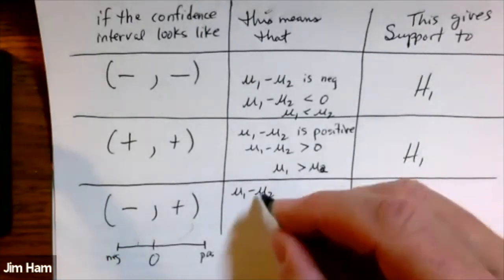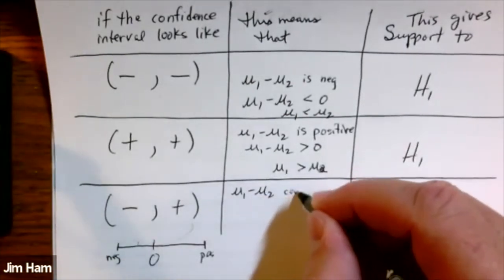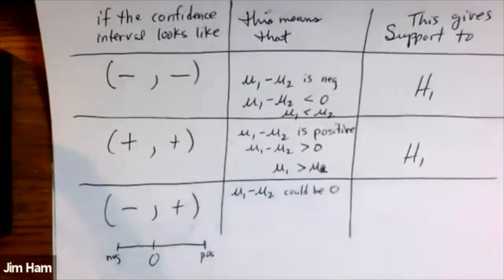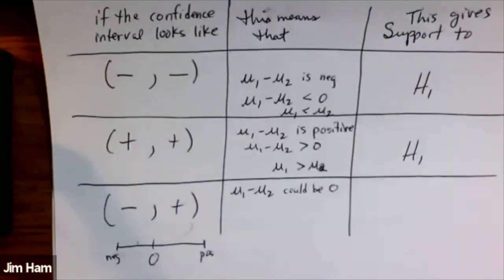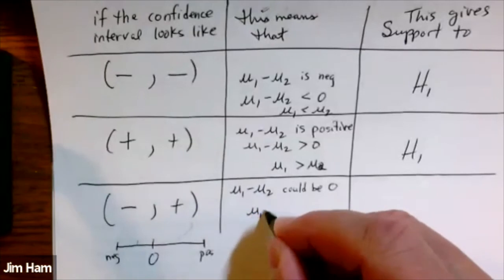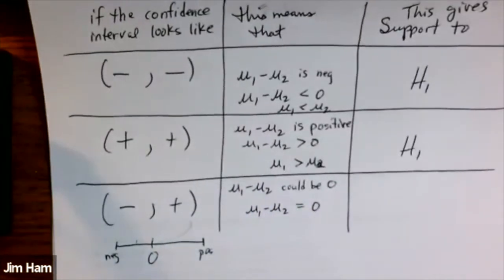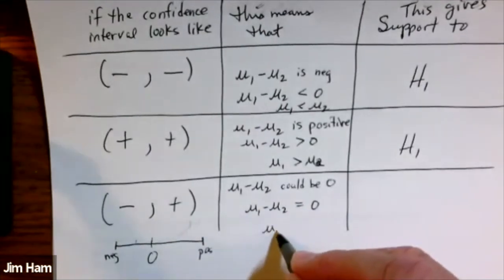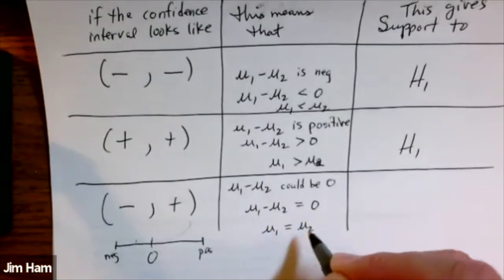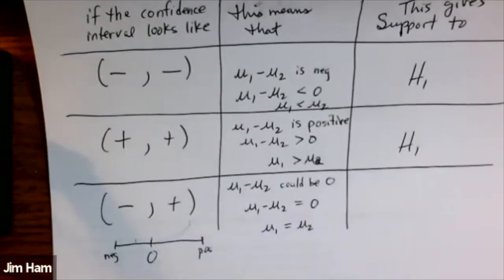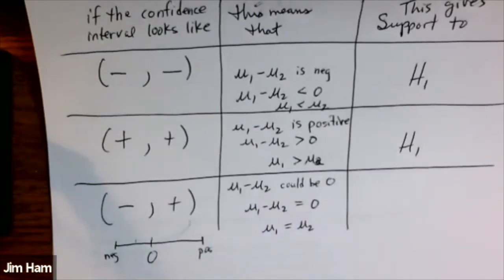So we'd say mu1 minus mu2 could be 0. It's plausible based on our results. In math, we would say mu1 minus mu2 could be equal to 0. And if you, as before, add mu2 to both sides, you get mu1 is equal to mu2.